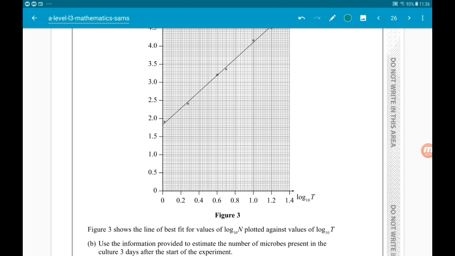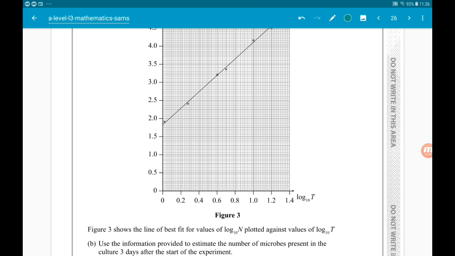Okay, so what we're going to need to do is use the graph and what we've done in part A to find the values of A and B, and then substitute t equals 3 into the model.